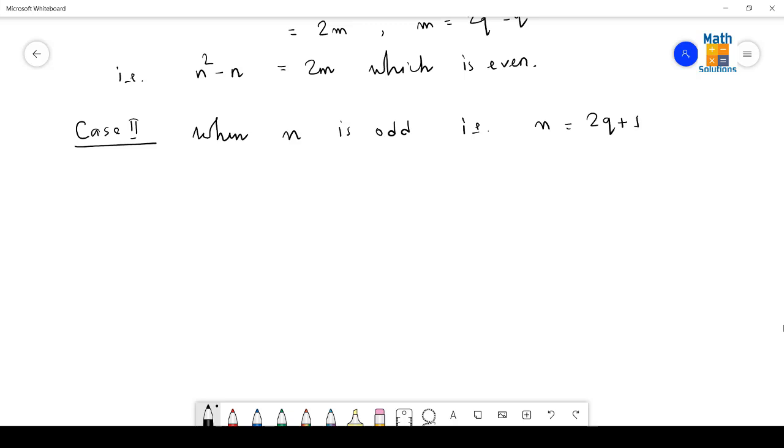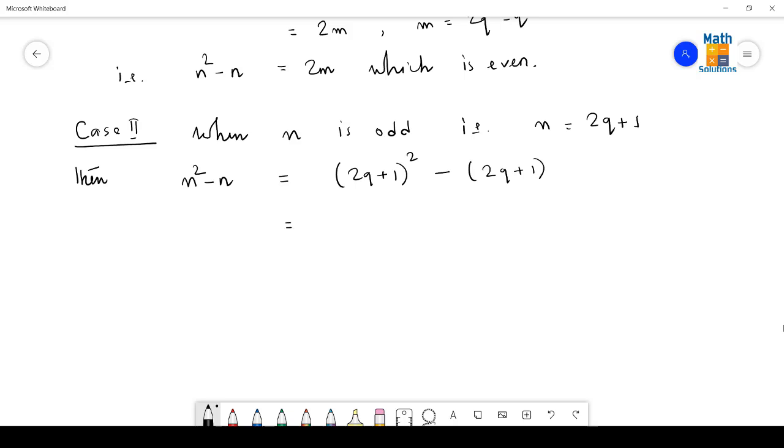I mean the second case we are considering here. Then let us find out what is the value of n square minus n. In the respective places of n, I am going to put the value 2q plus 1. For the first place, it is getting squared followed by this minus sign. Again, in place of n, I am going to put 2q plus 1.